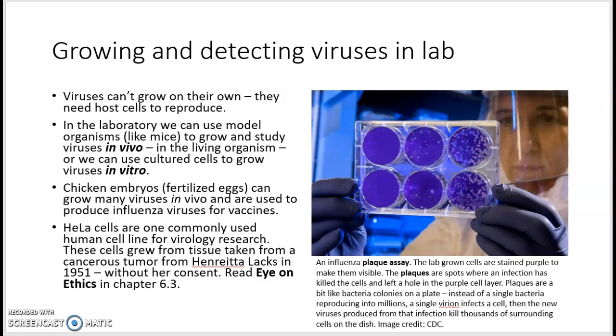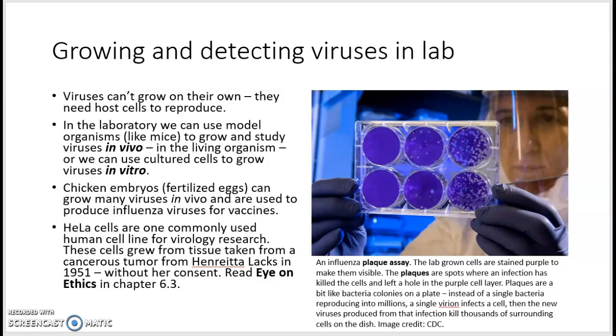These cells were taken without Ms. Lacks's consent. And I'd like you to read the Ethics in Chapter 6.3 to learn a little bit about this. If you're interested after that, you can also read an excellent book about Henrietta Lacks's life and the research that's come from her cells. And also, the story of her life is going to be in an upcoming movie produced by Oprah Winfrey.